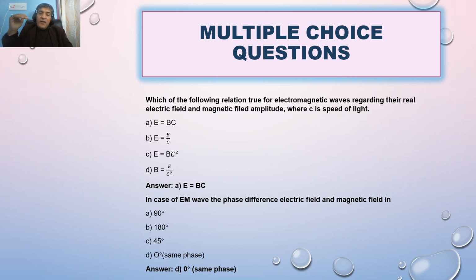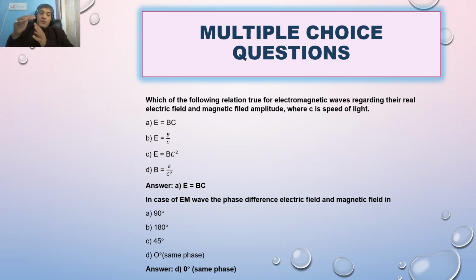In case of an electromagnetic wave, what is the phase difference between electric and magnetic field? These questions are designed by me, so it may be possible you have seen some of these questions in some other book or PPT. Keep that in mind. If we are talking about an electromagnetic wave, first we have to consider the medium, whether we are talking about free space or a material medium.